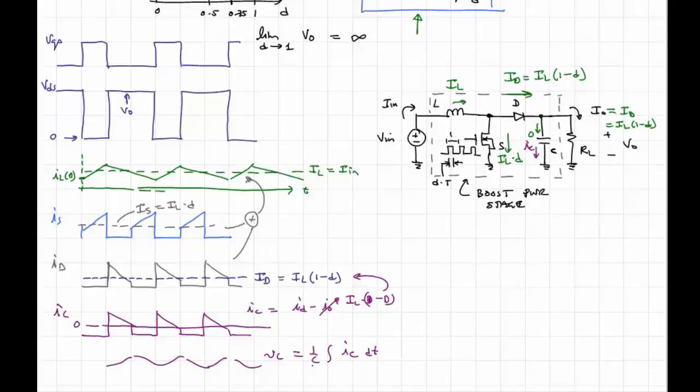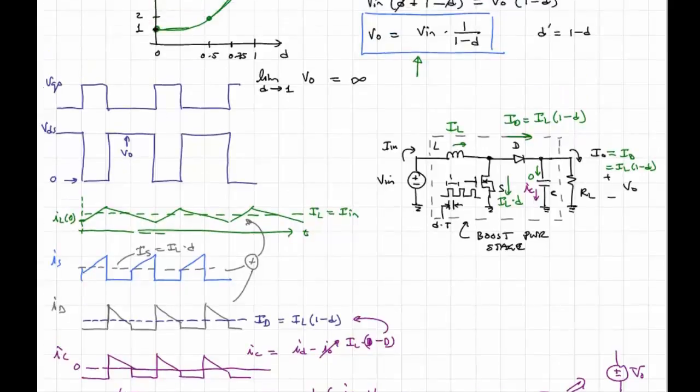If you make C very large, then this delta VC will be much, much less than the average voltage across the capacitor. And this will lead us to approximating this as just a voltage source. So that's how we justify leaving the capacitor out.